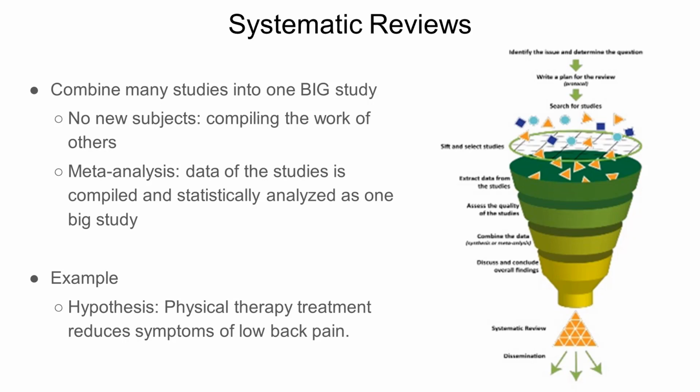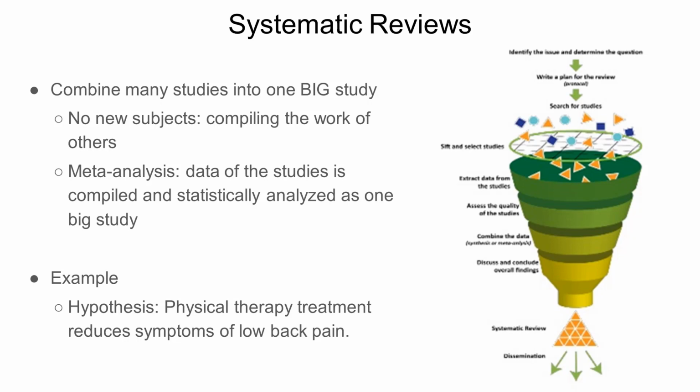It's a large research study that combines the results of multiple other studies on a particular topic. Okay, it's not new research itself, it's just taking information that's already been published in the literature and compiling it into one major study.